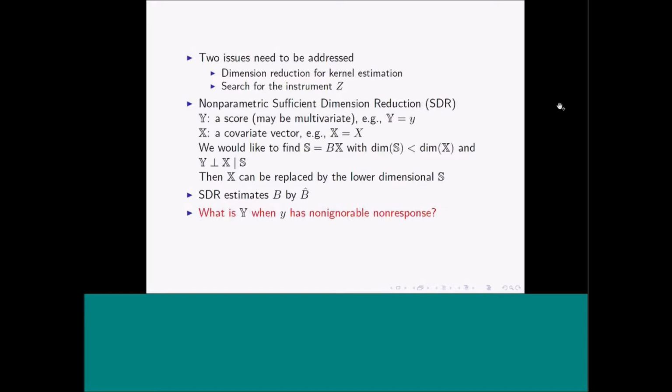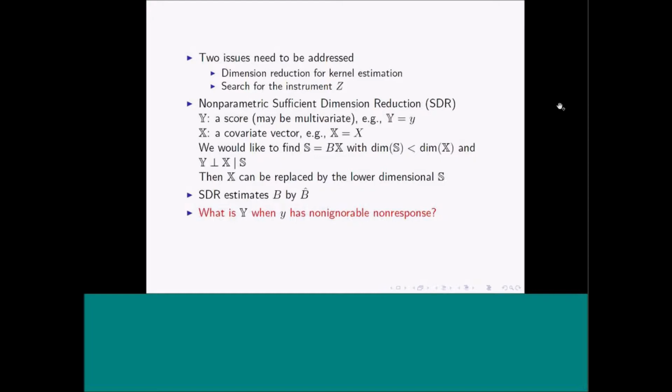So you simply do the sufficient dimension reduction on the observed data. Once you find such a B, that B is also good for the other part, and therefore for the general population. So there's no issue.